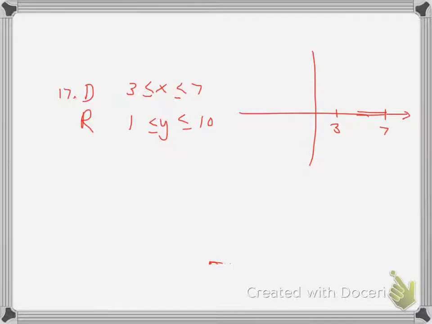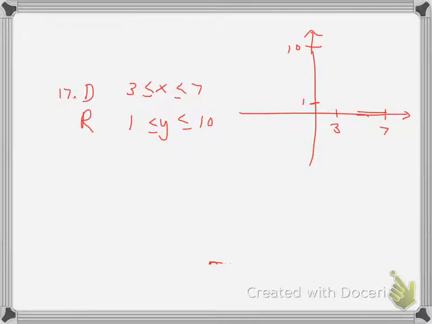And my range is going to be between 1 and 10. It is going to include them. So what I do in between these, the lowest point has to be between here and here on the x, and between 1 and 10 on the y.